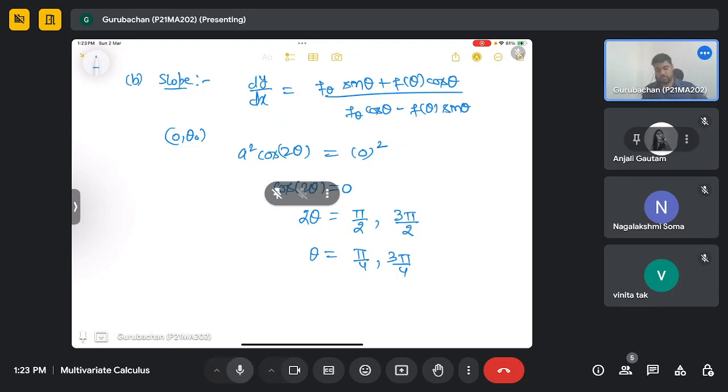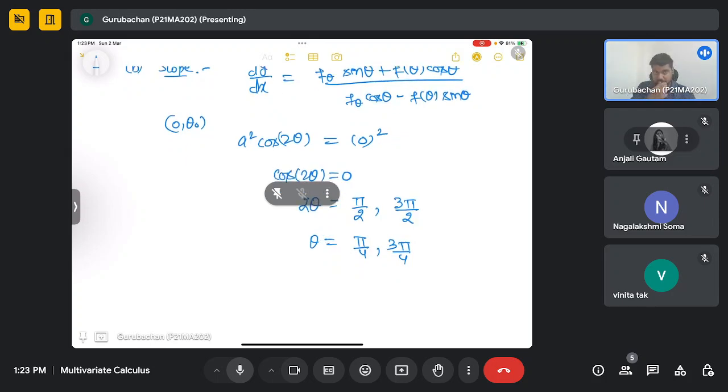Sorry for that. So we have two tangents, here theta equal to pi by 4 and theta equal to 3 pi by 4. This r will be 0 at pi by 4 and 3 pi by 4.